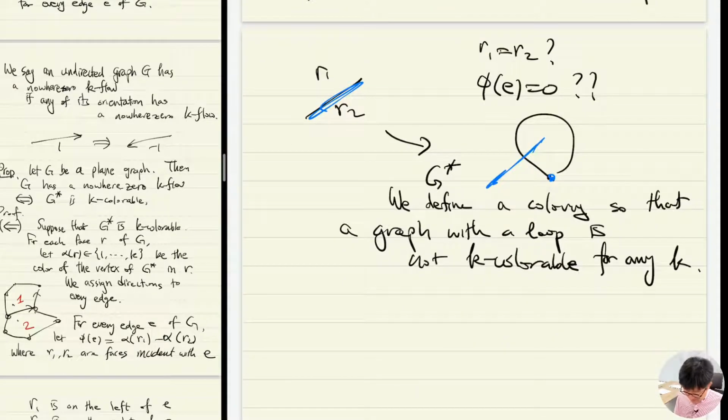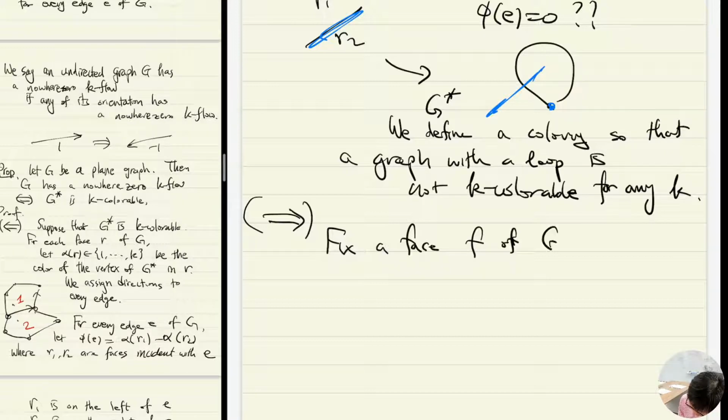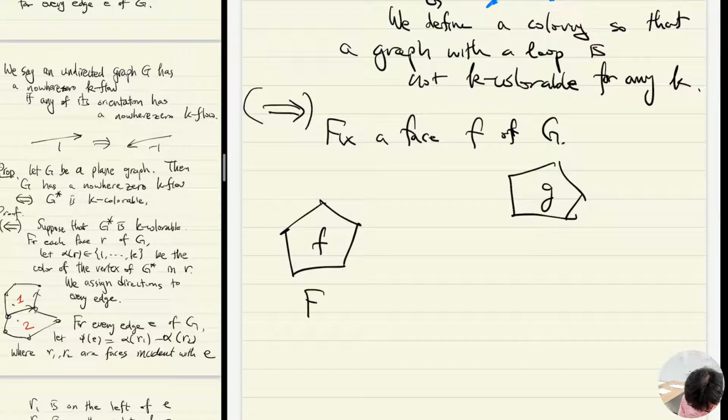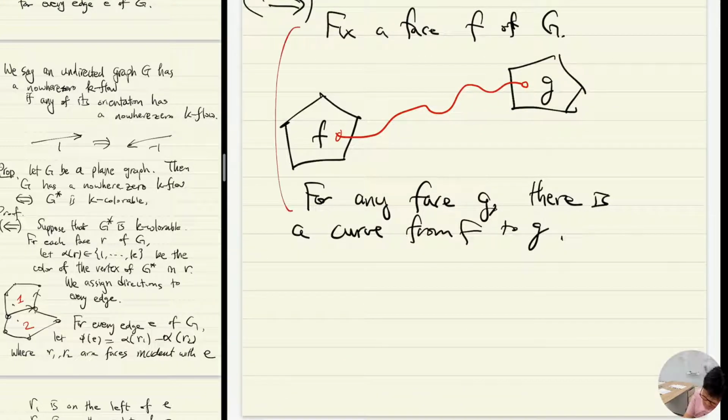All right, how about the other direction? Suppose I have a nowhere-zero k-flow. How do I get a coloring? I fix a face F. For any face G, there is a curve from F to G. We know that the geometric dual is connected.